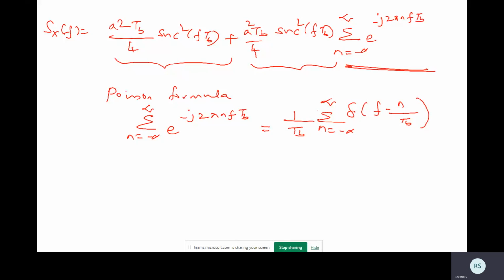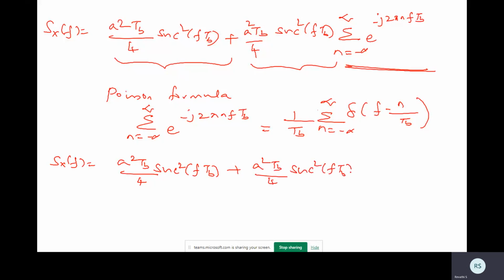Therefore, this equation now becomes Sx of f equal to A square Tb by 4 sinc square of f Tb, plus A square Tb by 4 sinc square of f Tb times, now you write everything in terms of 1 by Tb, this complete factor we are writing in this form.